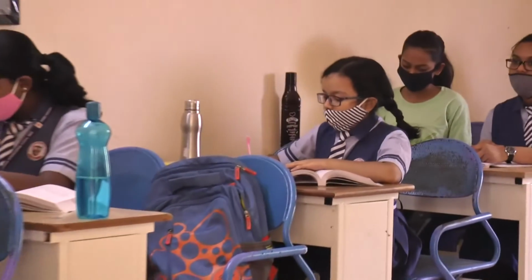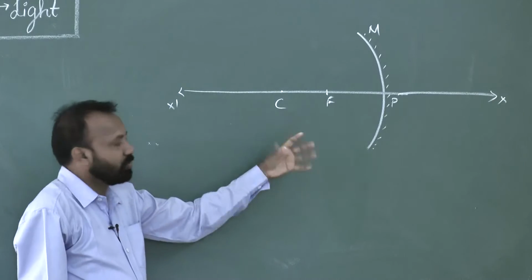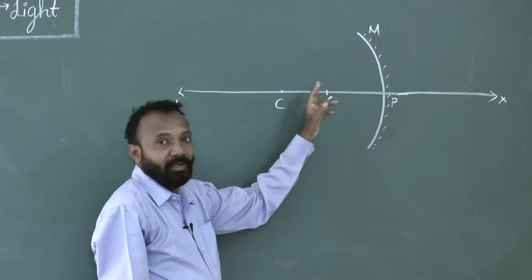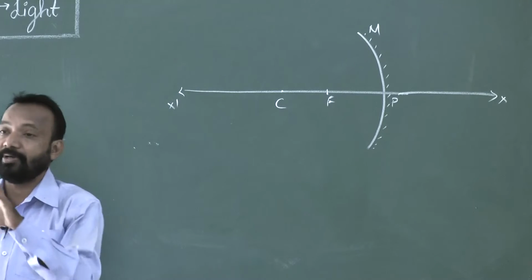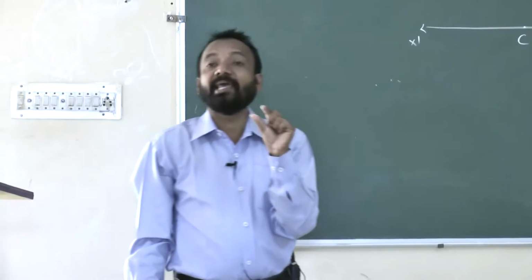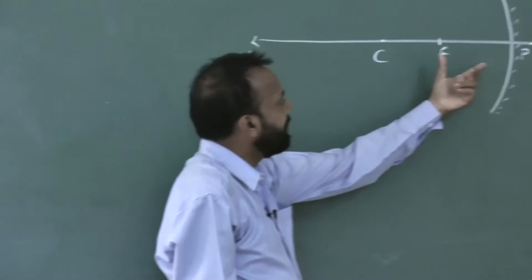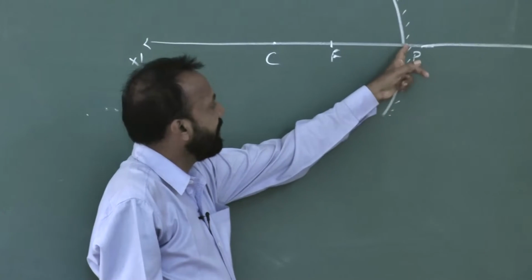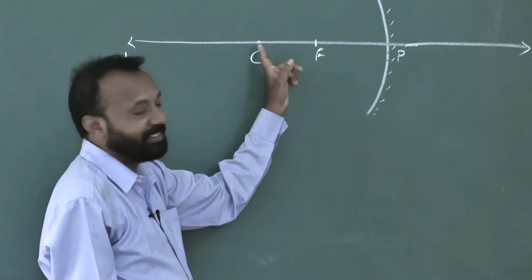Now you see, I am drawing this diagram on the board without measuring, without using any scale or pencil. But whenever you are drawing the diagram on your paper, you must use your scale and compass, so that the distance from P, the pole of the mirror, to the focus is equal to the distance from the focus to the center of curvature.